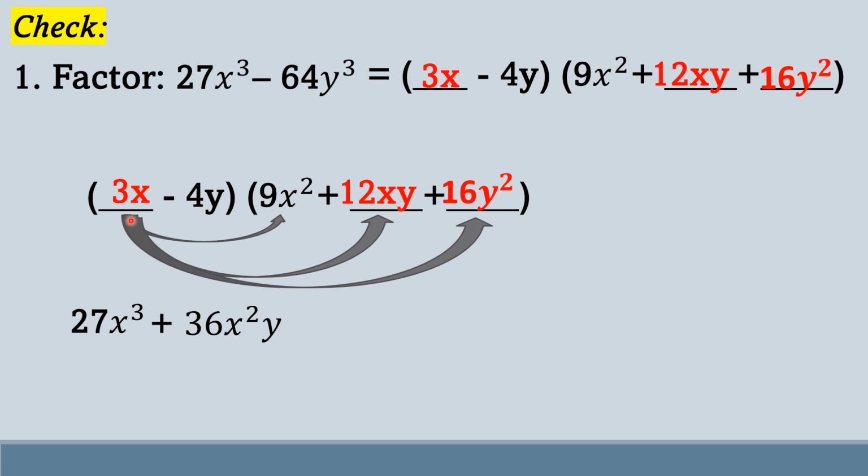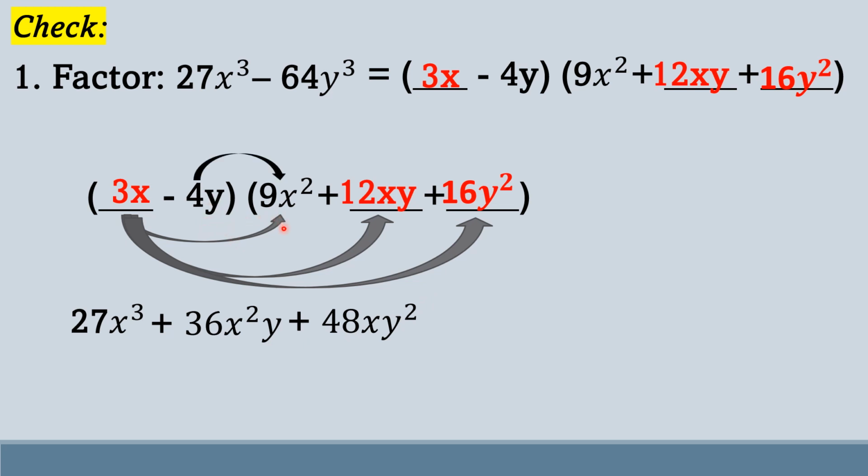Next is 3 times 16y squared. That will give us 48xy squared. Again, the symbol is plus. Next, we are going to multiply the last term of the first factor by each term again of the second factor. So let's continue.